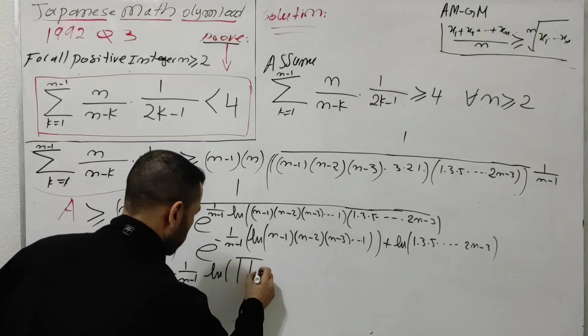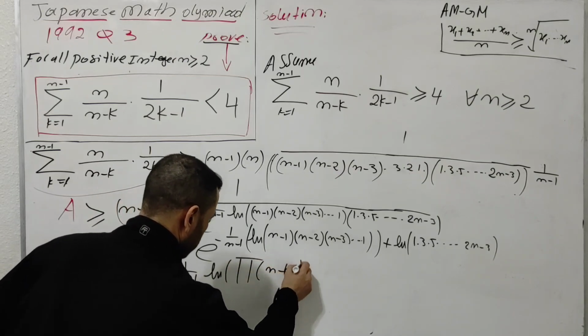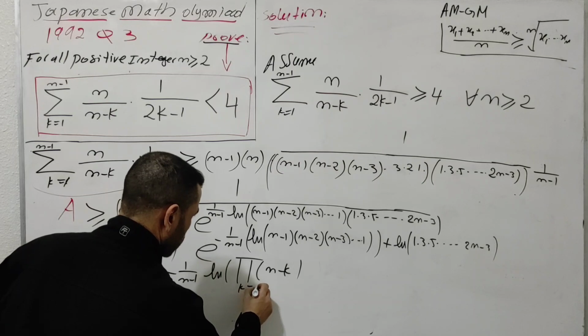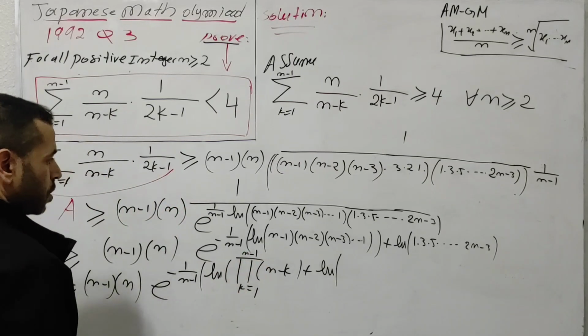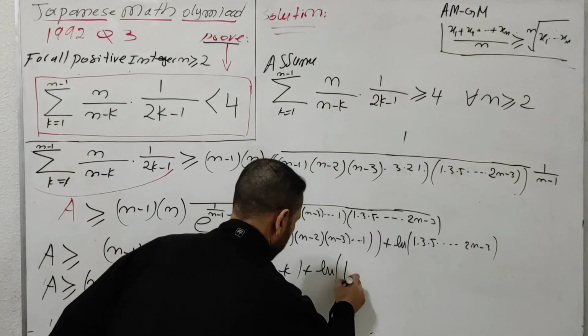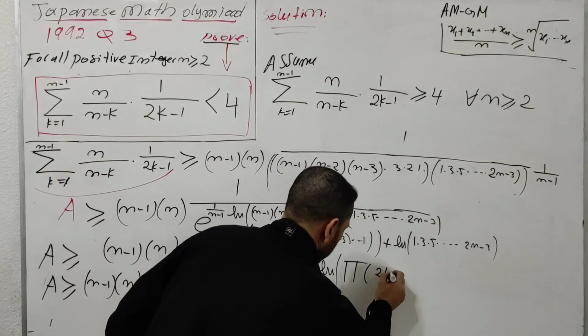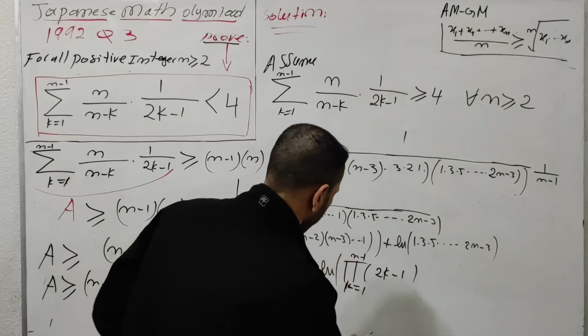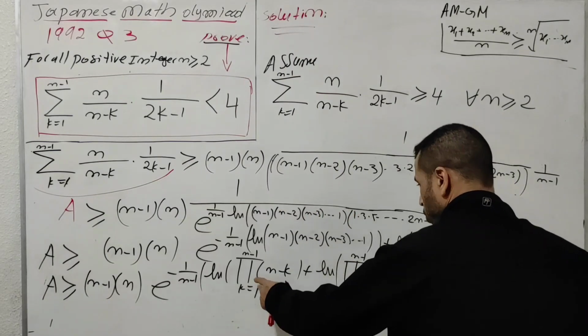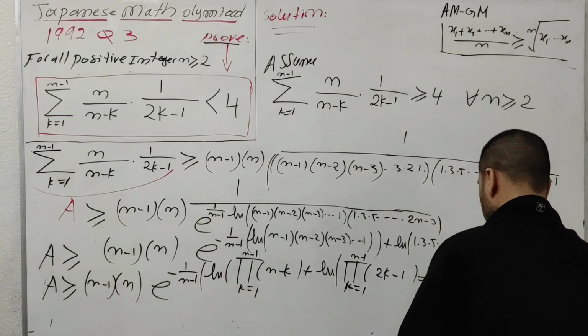So the product of n minus k, as k goes from 1 to n minus 1, plus natural log of the product of 2k minus 1, as k goes from 1 to n minus 1. I'm going to take this product outside of this natural log. I will get a sum.